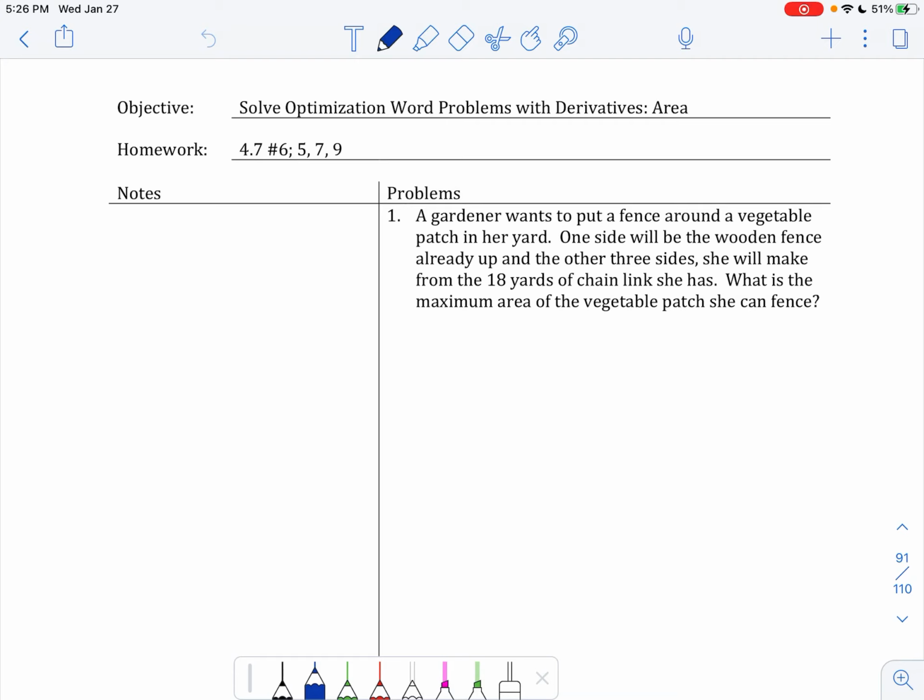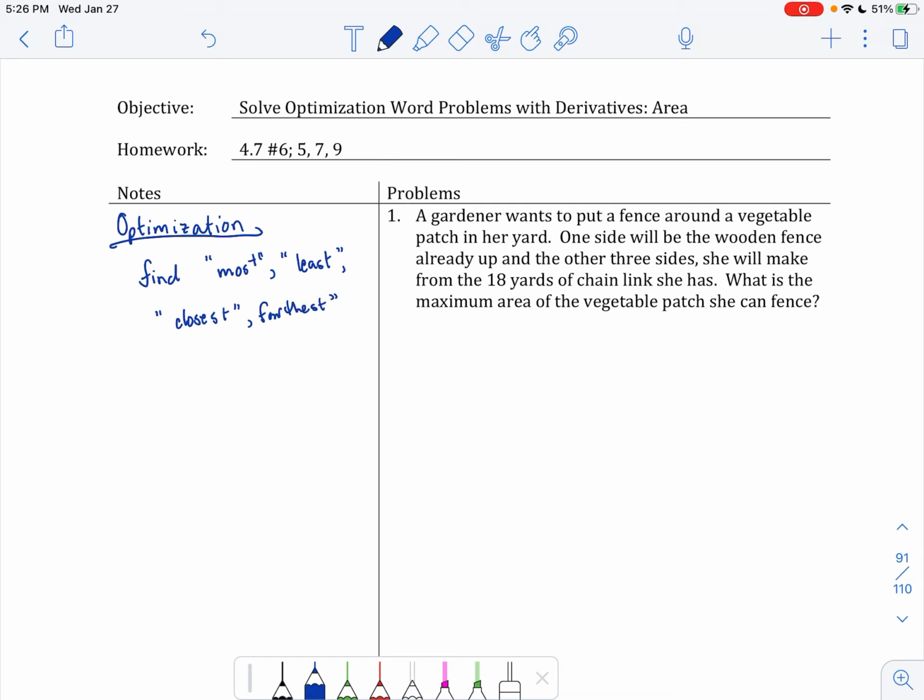So the first thing I want to talk about is what does the word optimization mean? As I said, these are all going to be optimization problems. And the idea in trying to optimize something is that you want to find the most, the least, the closest, the farthest.